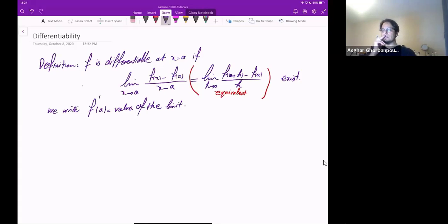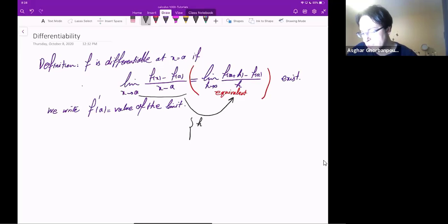Maybe one question that can come up here is why are these two limits equivalent? Actually, you can go from this one to this limit by changing variables. Set a new variable h to be x minus a. From that, you can conclude that a plus h is indeed equal to x.